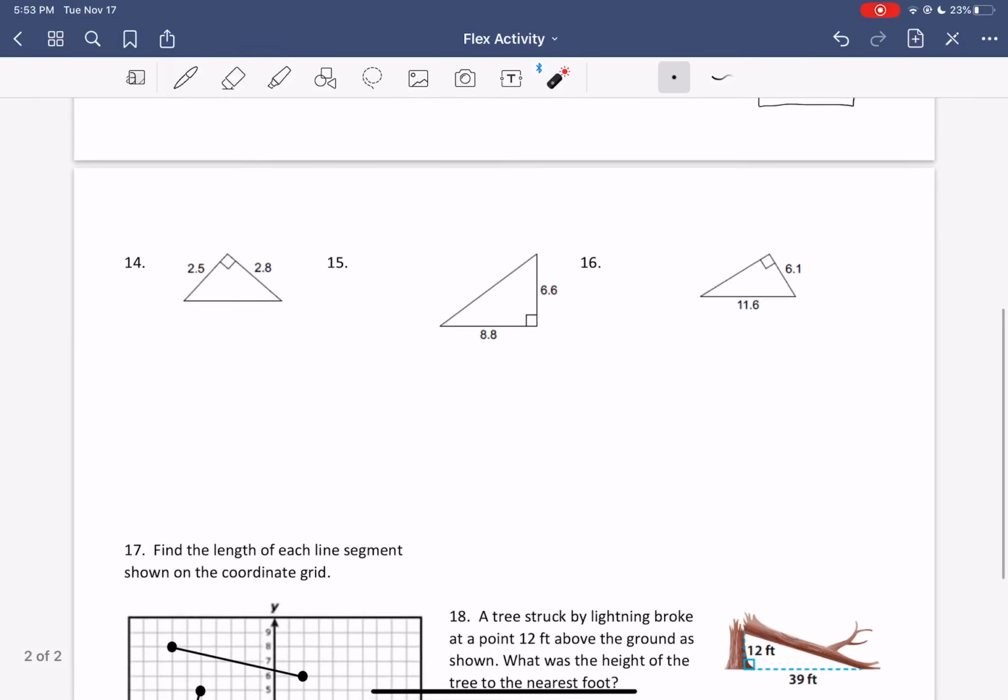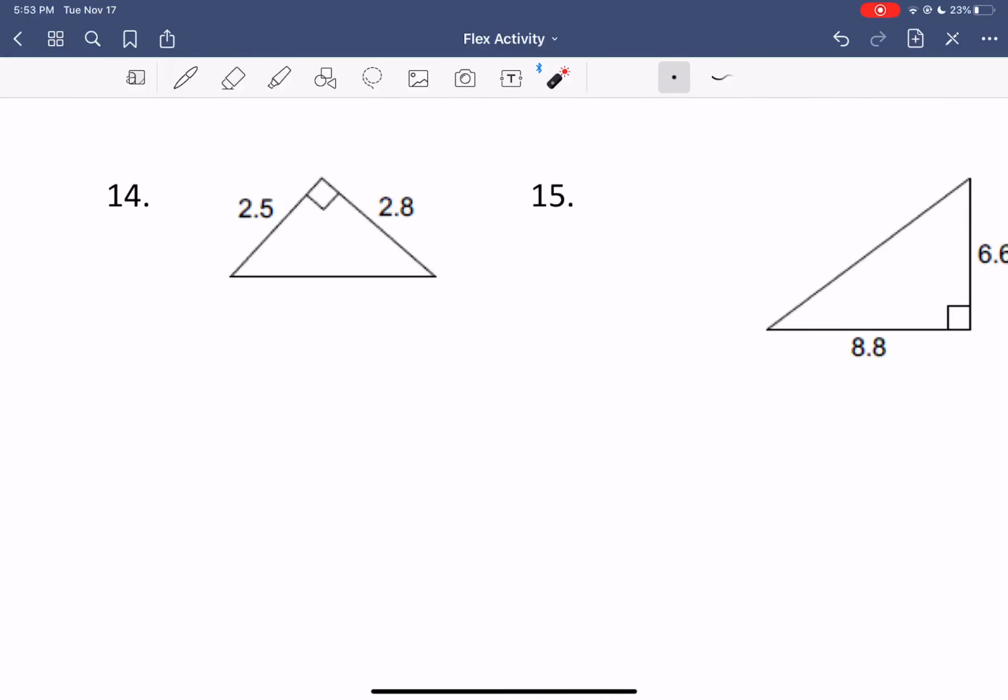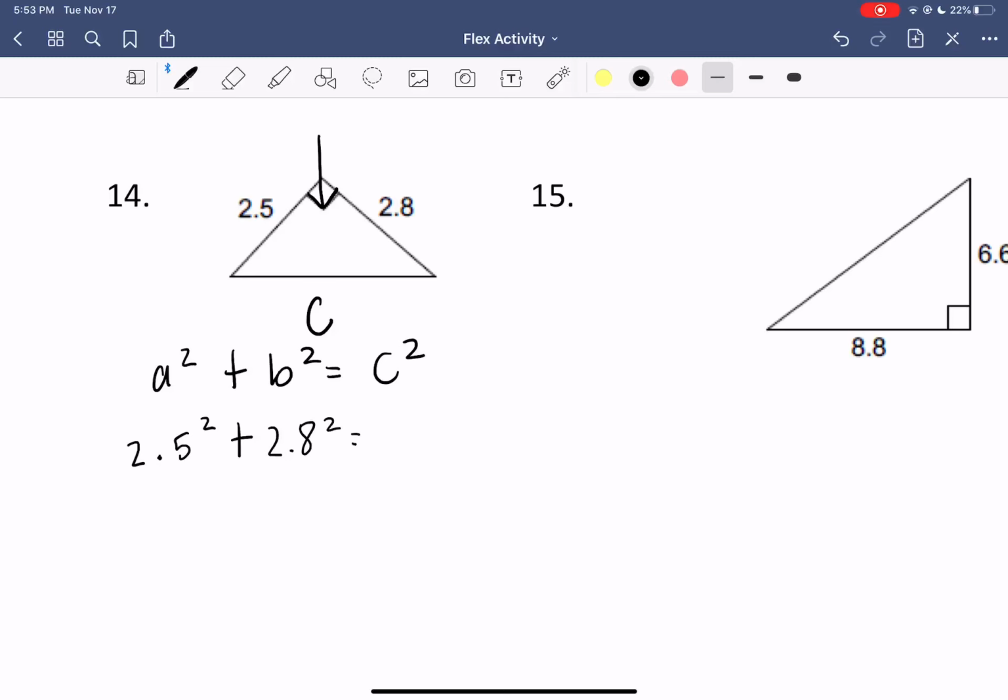we got a couple more of these. So we have this pointing to c always. So we have a squared plus b squared equals c squared. So we're going to have 2.5 squared plus 2.8 squared equals c squared. And then we have to square those. So 2.5 squared is 6.25, plus 2.8 squared, which is 7.84, equals c squared.